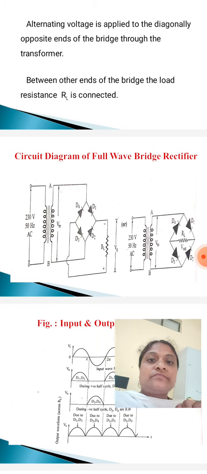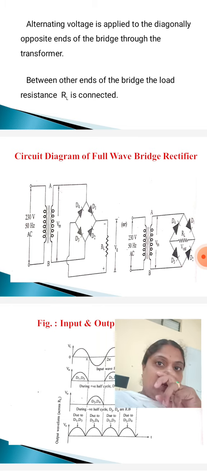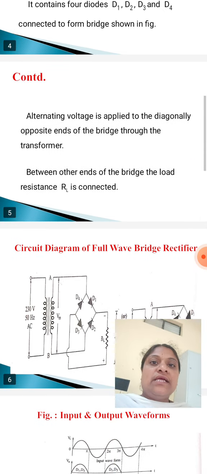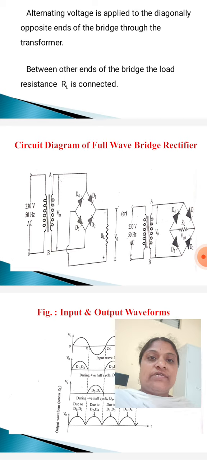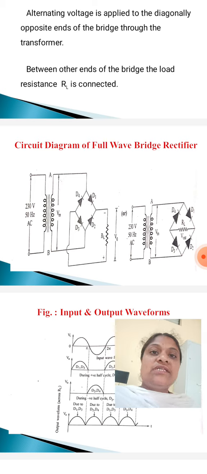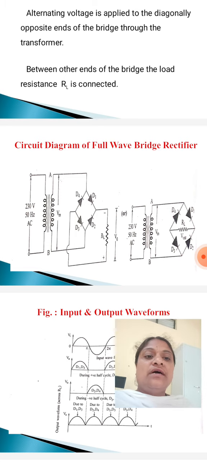This alternating voltage is applied to the diagonally opposite ends of the bridge through the transformer.